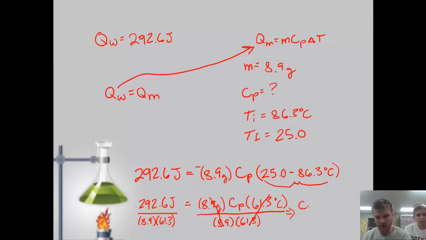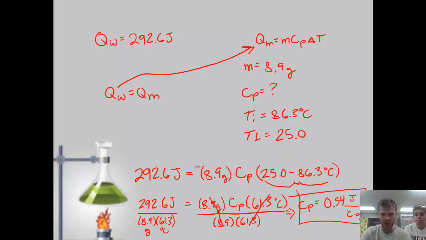And what do we get for our heat capacity? I'll go ahead and write the units. The units are going to be joules divided by grams degrees Celsius. 0.54.